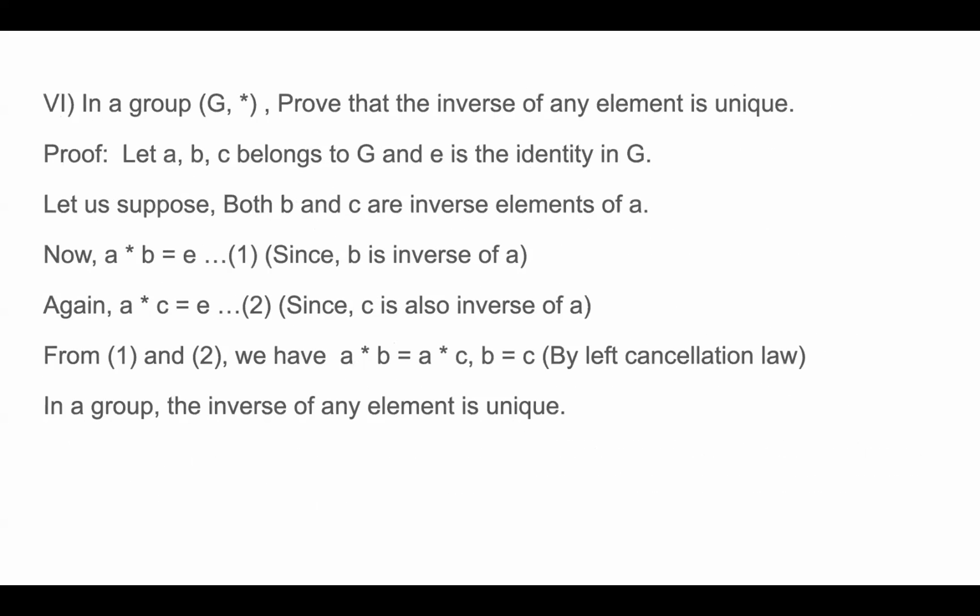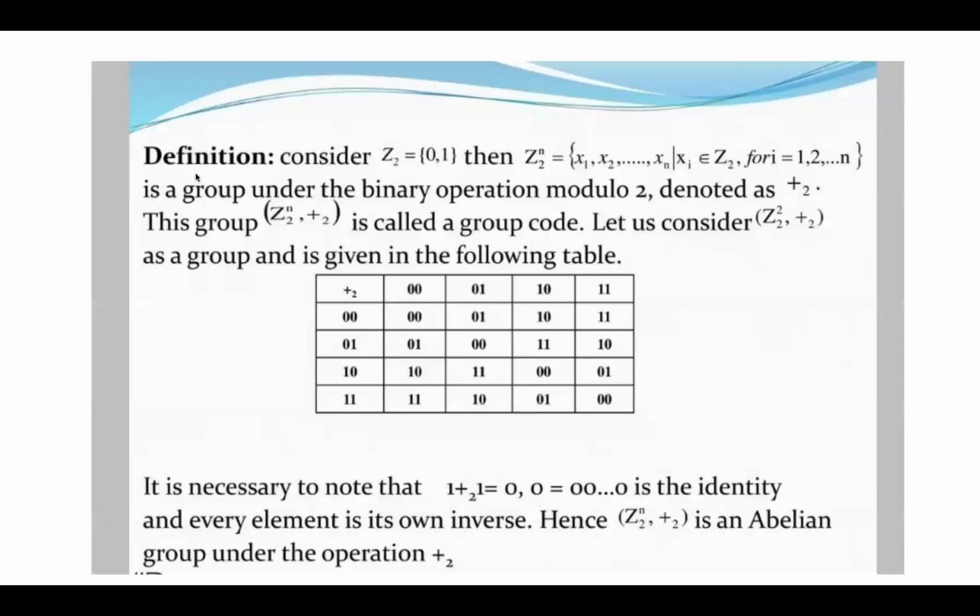Same like here, we can see Z2 is a group under the operation modulo 2. It is a binary operation modulo 2, denoted as plus 2. This modulo 2 is denoted here as plus. Binary addition is there.